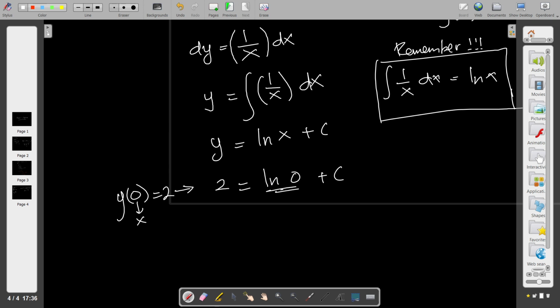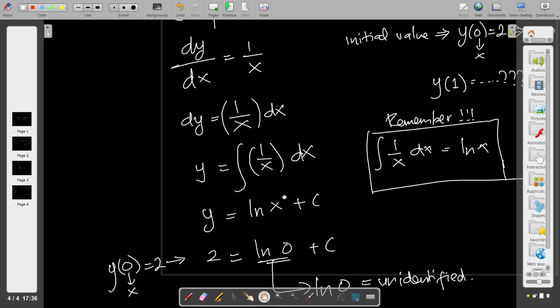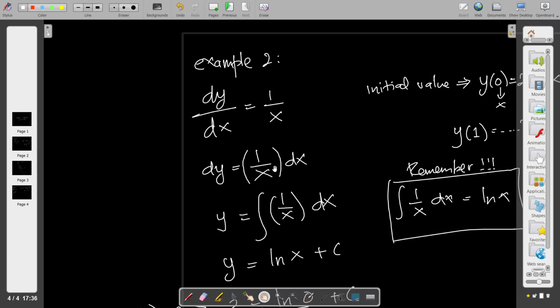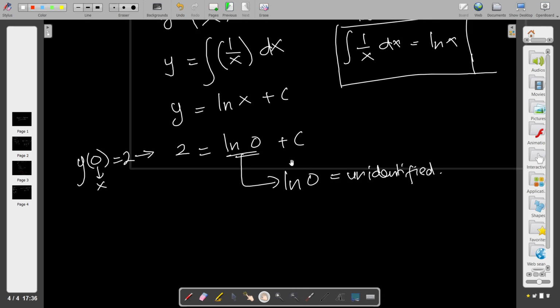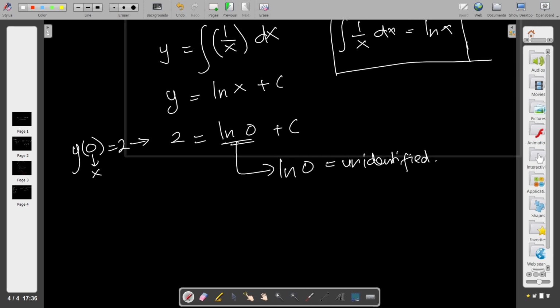Do you know what is the value of ln 0? The value of ln 0 is undefined. So this is the problem. Sometimes we have expressions that cannot be solved using the analytical method. So we can use the numerical method to solve this kind of equation.